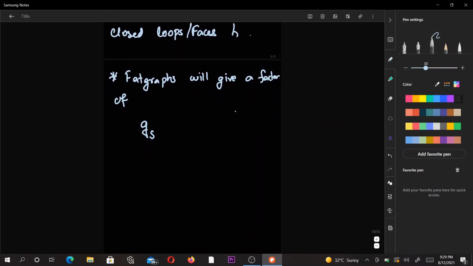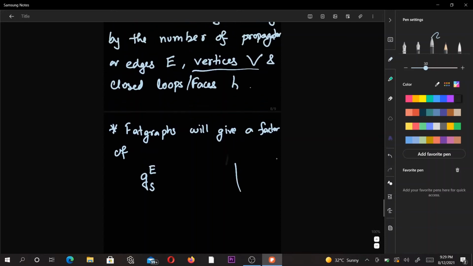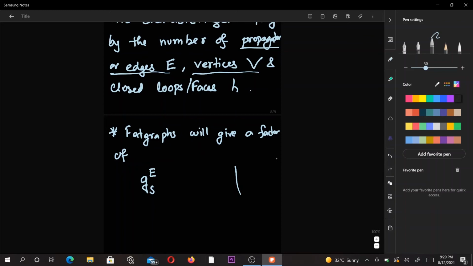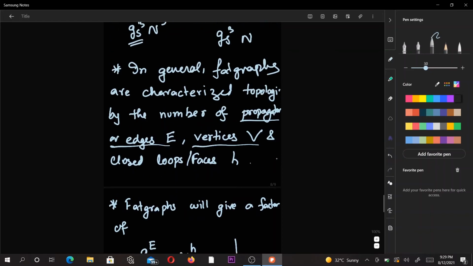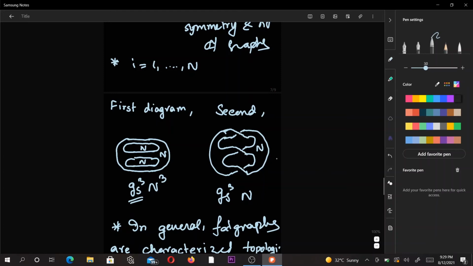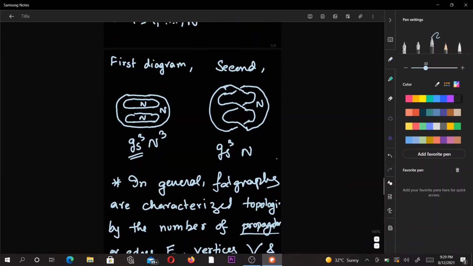Each propagator, if you remember, gives you g_s and some deltas. So if you have E propagators, the power of g_s should be E, right? Edges E. So each fat graph will have g_s to the E, and the easiest one is the number of holes or faces. Here we had 3 faces and here 1. This one is very easy.